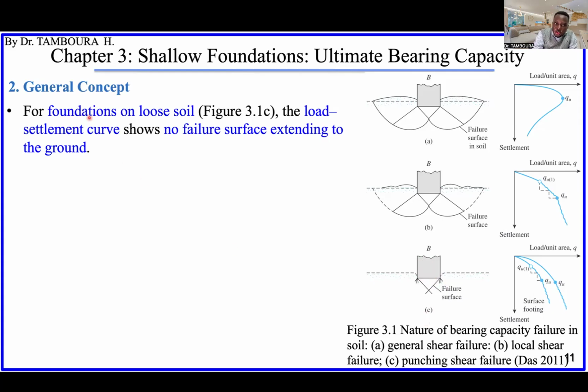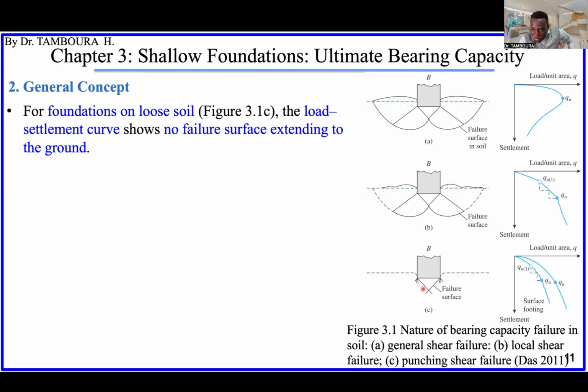Okay, so if you have a foundation on loose soil, the load settlement curve is like this. Okay, no failure surface extending to the ground this time, because before you reach that, all the footing will go inside.